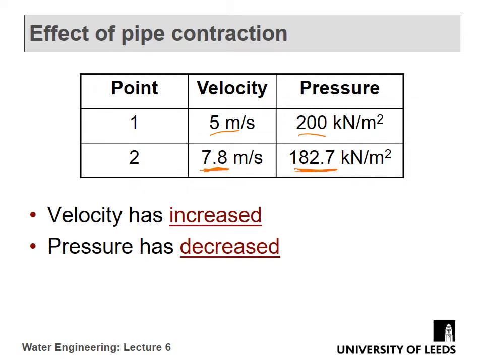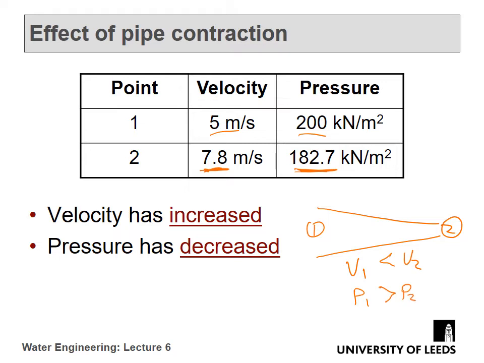This is quite a common feature you must remember. As a pipe contracts, the velocity increases, V2 is greater than V1, and the pressure will decrease.